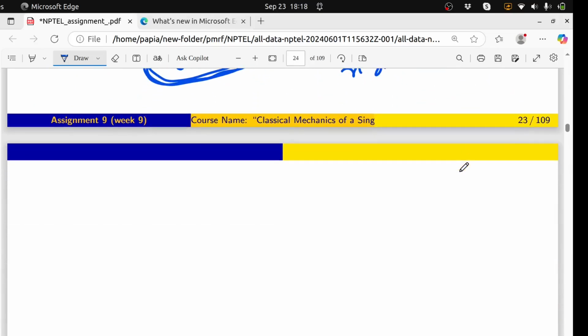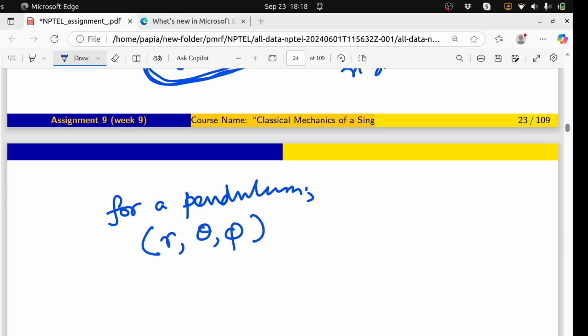So obviously for a pendulum, we have r, theta, phi, where phi can vary with time.